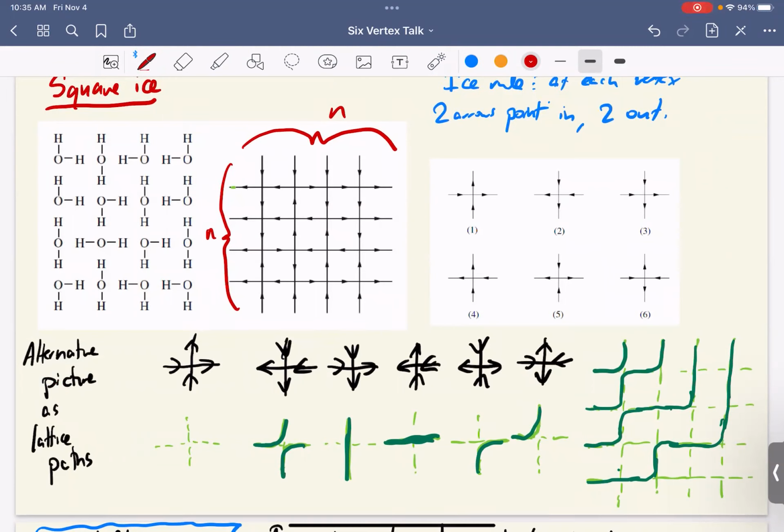I can draw a lattice of oxygens with four hydrogens surrounding each oxygen on a square lattice, and still I need to choose 2 of the 4 hydrogens around each oxygen. So this is a 2-dimensional model, which is supposed to be a very good approximation for a 3-dimensional model of ice. And I guess it works pretty well.